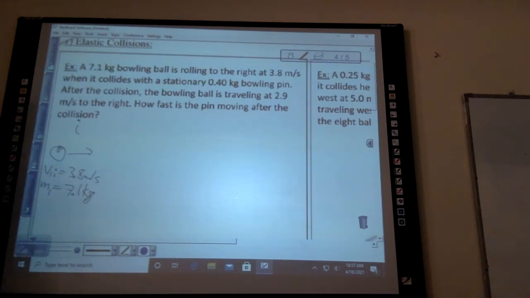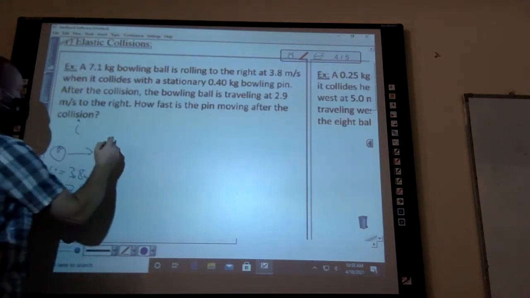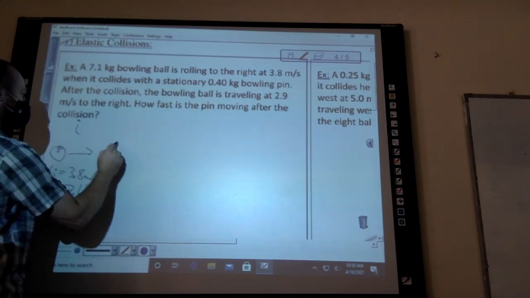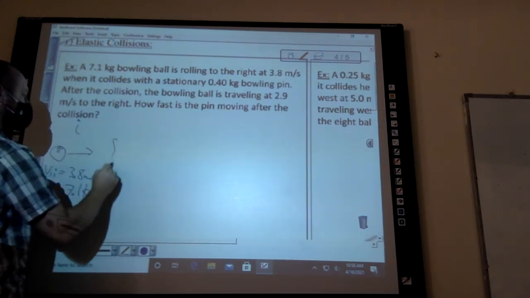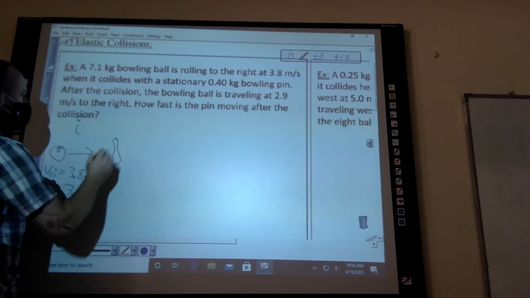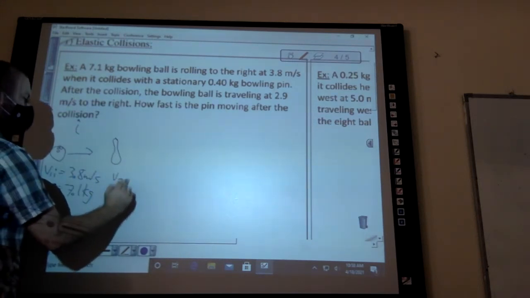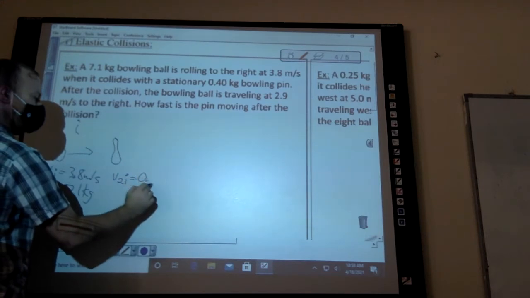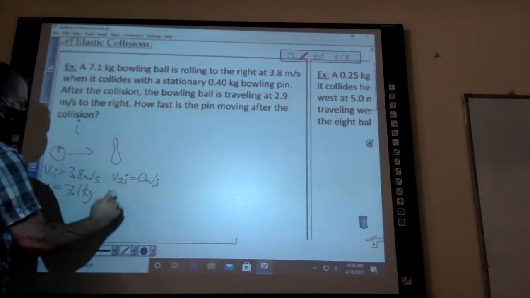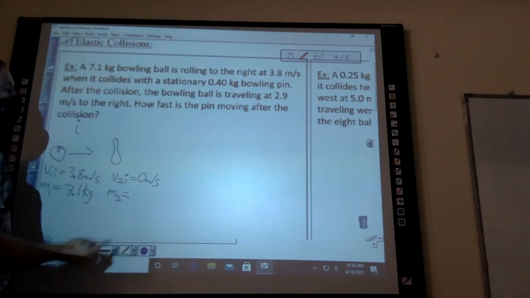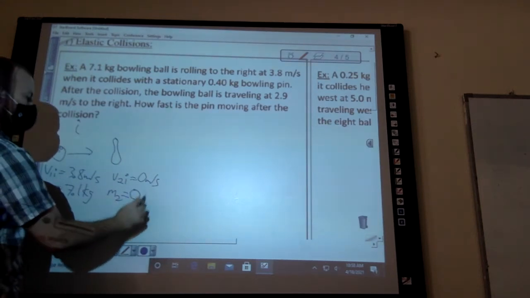And what's our bowling pin doing in this situation? Standing still. So here's our poorly drawn bowling pin. And it's standing still. So V2 initial equals 0. And M2, 0.4.